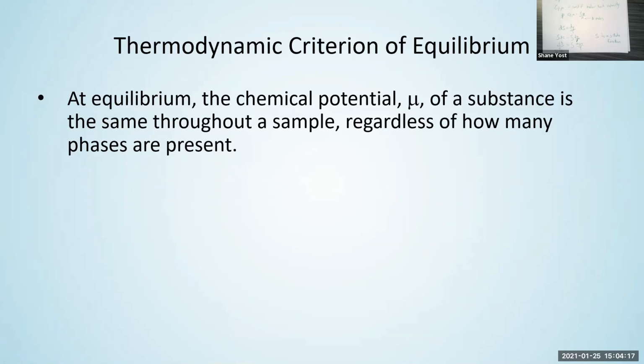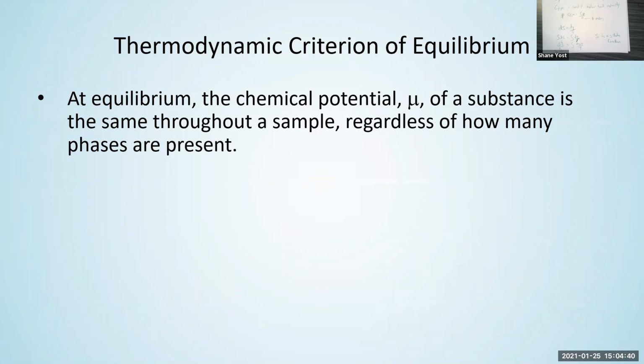If you have a chemical reaction that's reached equilibrium, that means the entire container has equal chemical potential everywhere, on the reactant side and the product side of that reaction. So a chemical reaction reaches equilibrium when the chemical potential of the reactants equals the chemical potential of the products. That's when chemical equilibrium is reached.